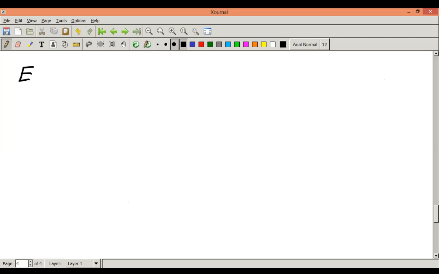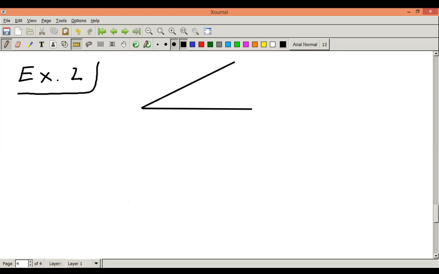Okay, I think we're on example 2. If I misnumbered that you'll get over it. Okay, so here is angle M. It's 26.8 degrees.